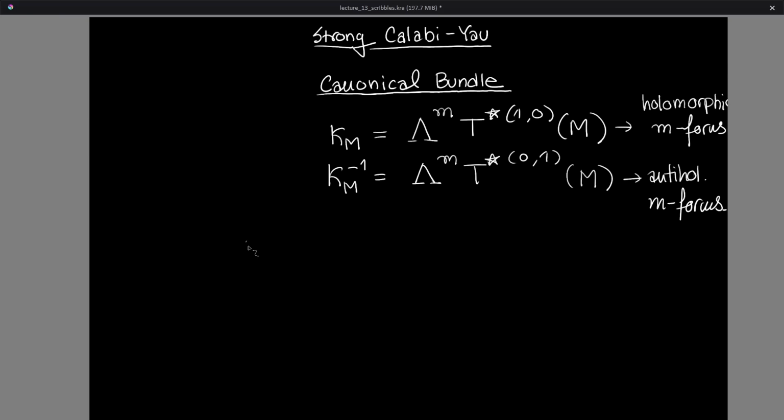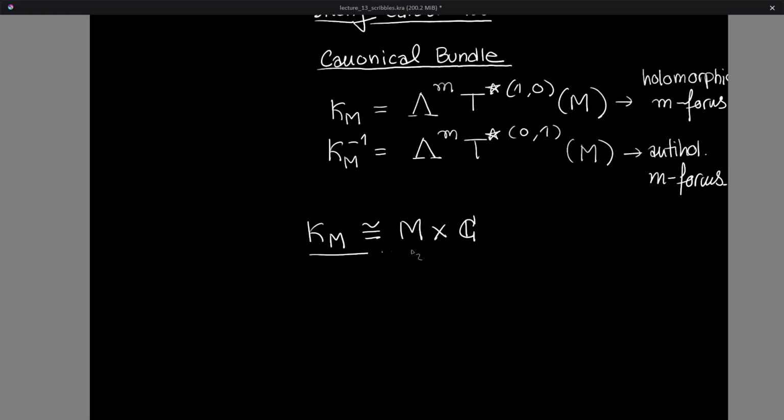A canonical bundle is trivial if K_m is isomorphic to M cross C. So if this is true, then we say that the canonical bundle is trivial. If this is true for our weak Calabi-Yau manifold, then it gets upgraded to a strong Calabi-Yau manifold.